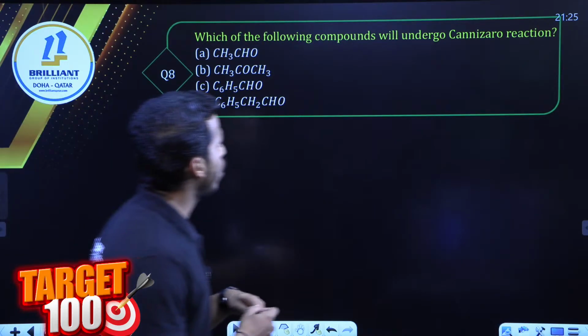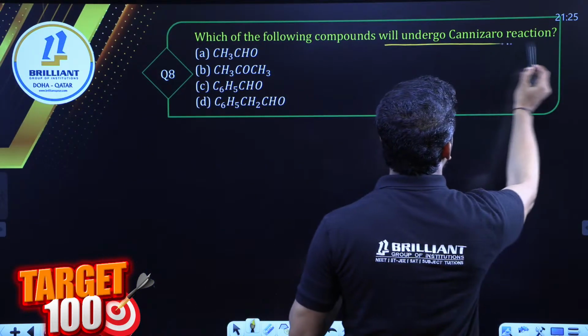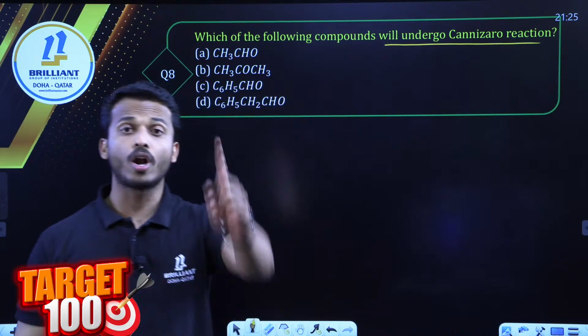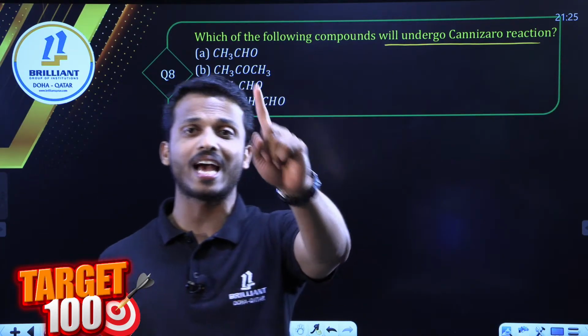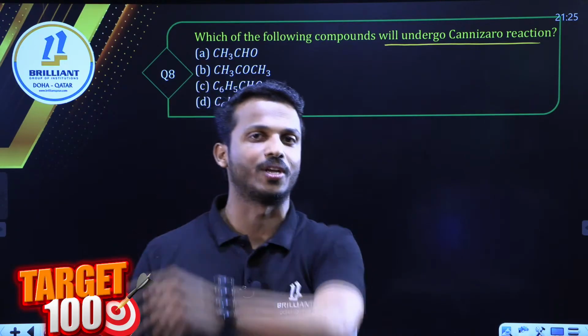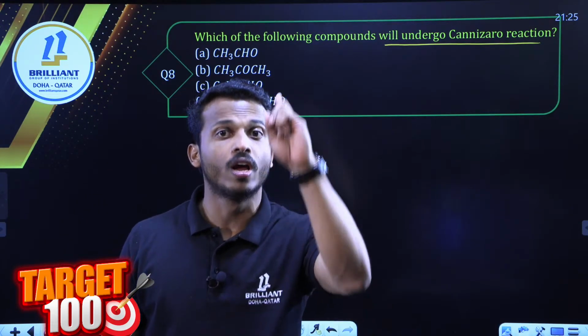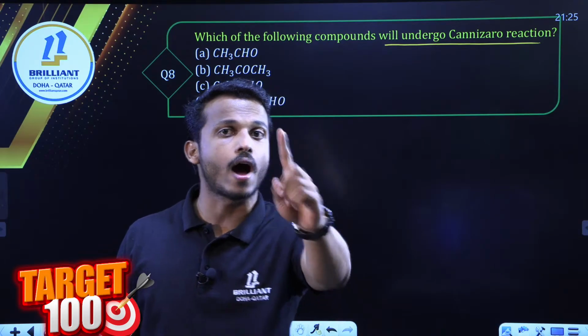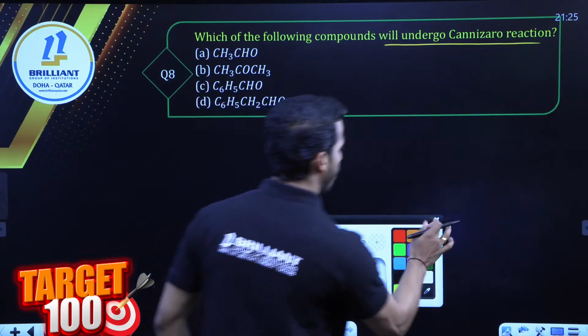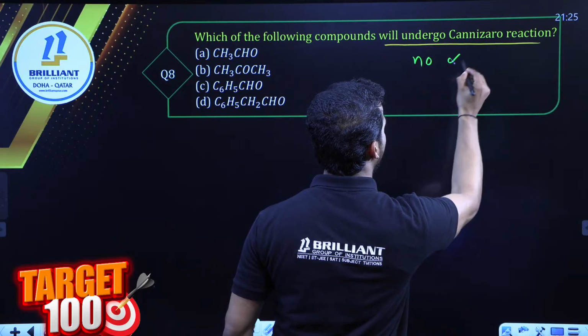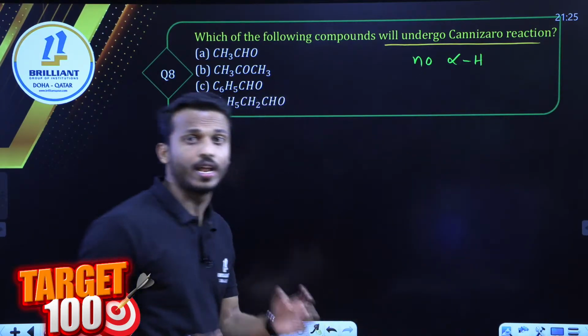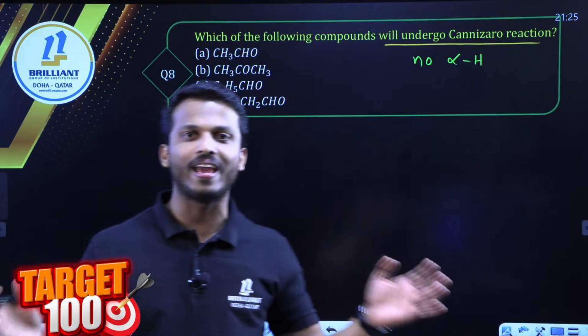Which of the following compounds will undergo Cannizzaro reaction? Dear all, in order to undergo Cannizzaro reaction, the compound should not contain alpha hydrogen. The question is, which one does not contain an alpha hydrogen?